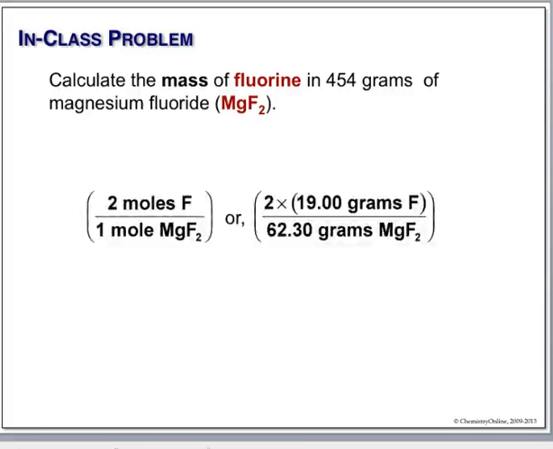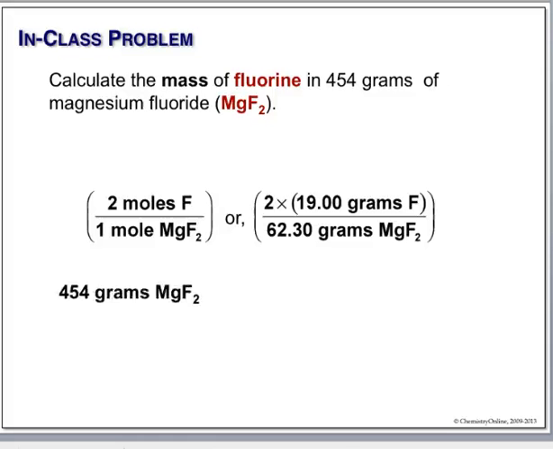But we don't have to do that, do we? Because what's our given here? The given is grams of magnesium fluoride. What's our denominator here? Grams of magnesium fluoride. All I have to do is take my given and multiply it by my ratio. Here's my given.